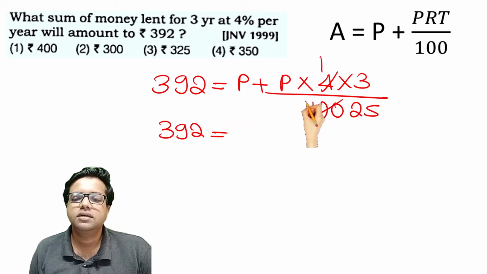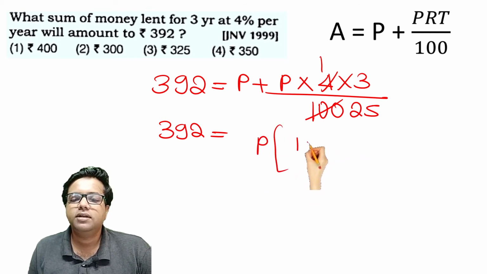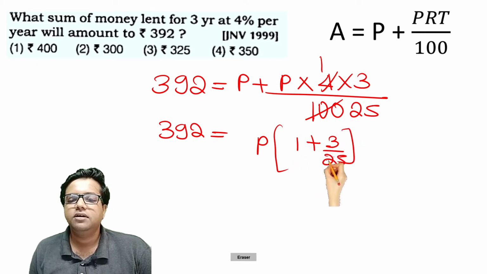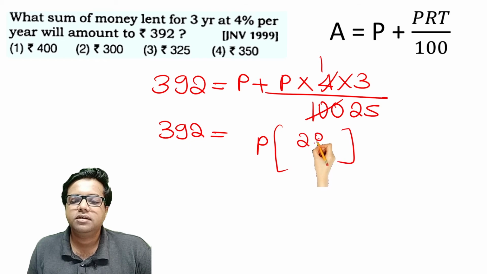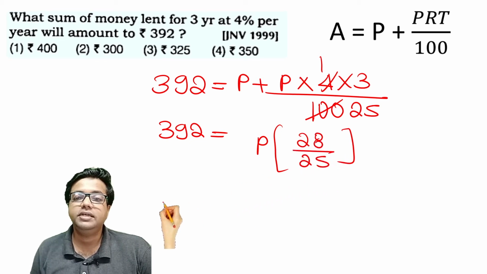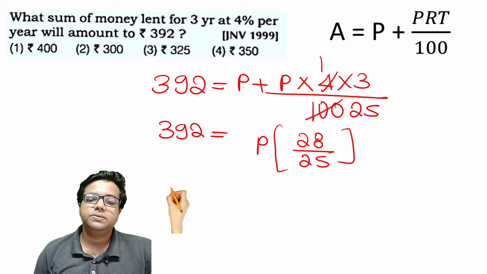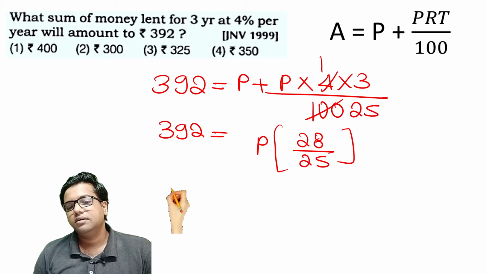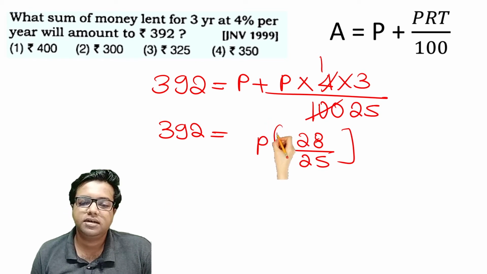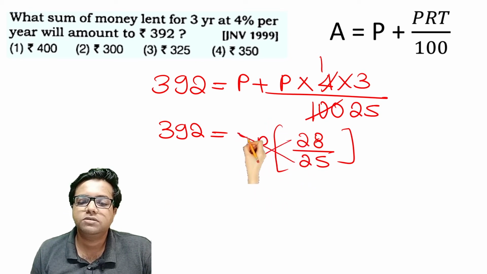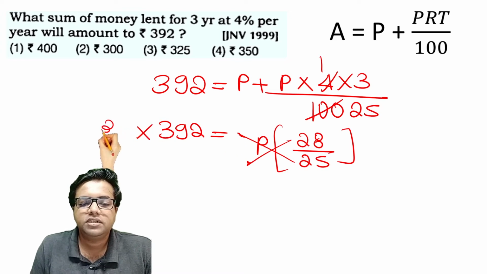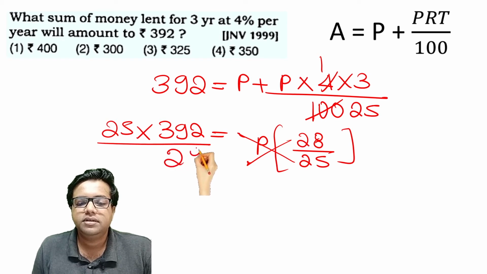Take P common, so it will leave you with 1 plus 3 by 25. 1 plus 3 by 25 will give you 28 by 25. Can we divide this? No, we can't. So this will go for cross multiplication. 25 will be on the top, 25 divided by 28.